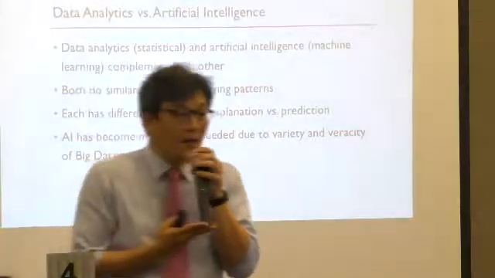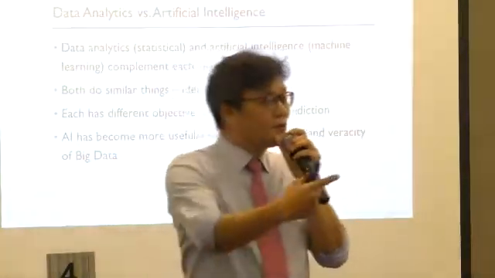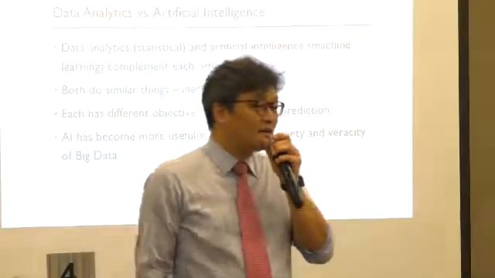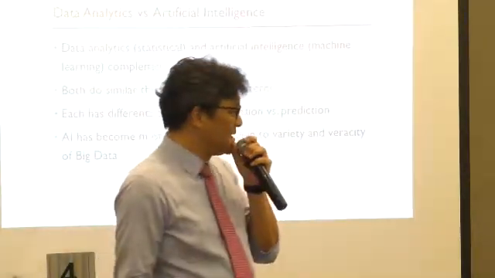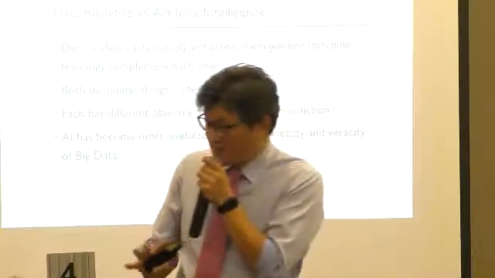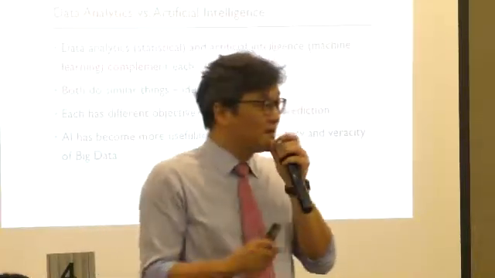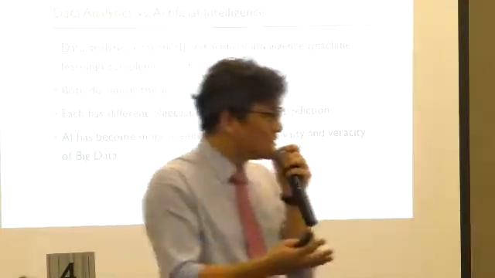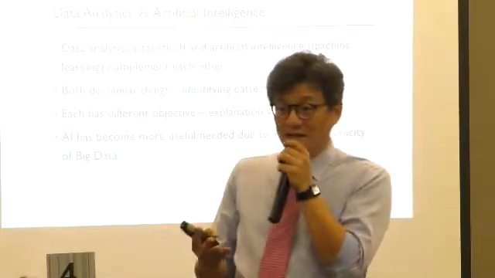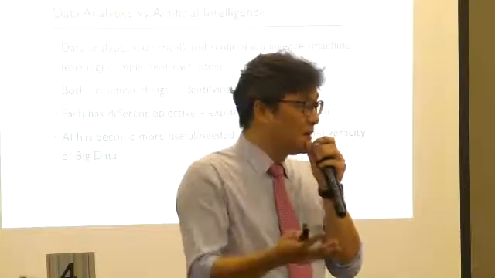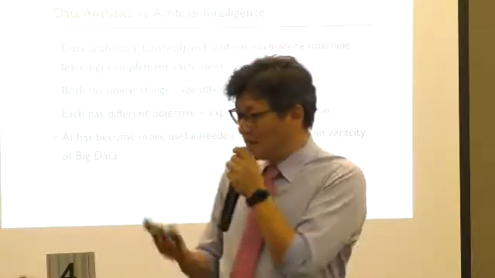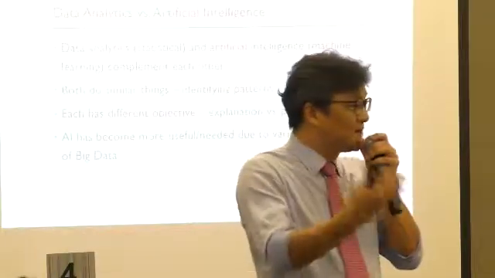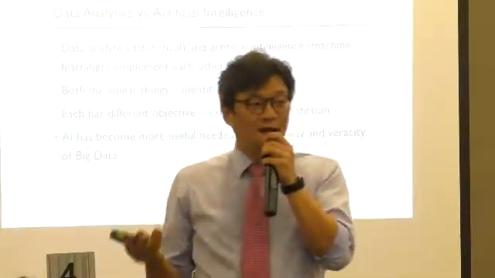Now there's an intricate relationship, because AI has become more useful because of the variety and veracity of big data, of the unstructured data, and of the uncertainty of the data. We have a lot of unstructured text data, and so machine learning or AI techniques such as text mining or topic modeling, traditionally from artificial intelligence, have become much more useful.